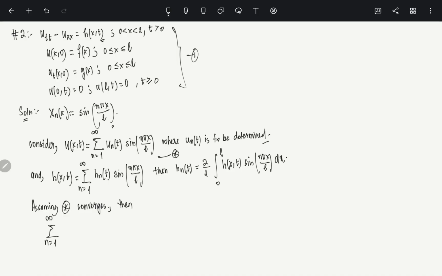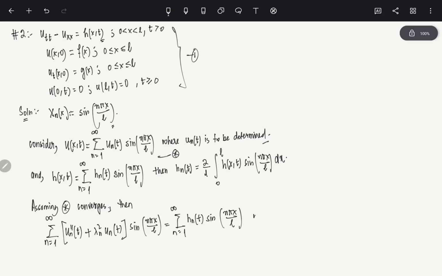It becomes the summation n equals 1 to infinity of un double prime of t plus lambda n square un of t, times sine of n pi x by L, equals the summation n equals 1 to infinity of hn of t times sine of n pi x by L. Here the lambda n's are the eigenvalues, which we already know: lambda n equals n pi by L, where n is any natural number.